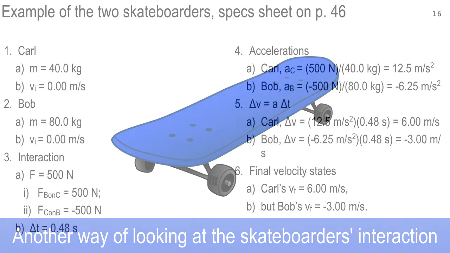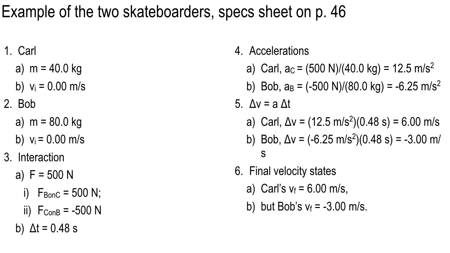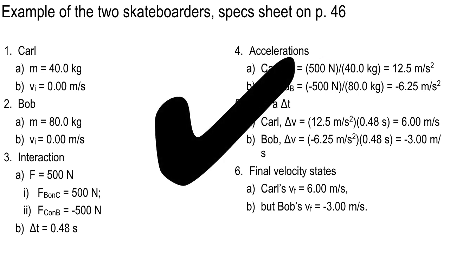Now, here's the spec sheet from page 46. I typed it all out. And we got a lot of stuff. You can work through those calculations, re-verify them. That's from the force view. Accelerations, forces, stuff like that.